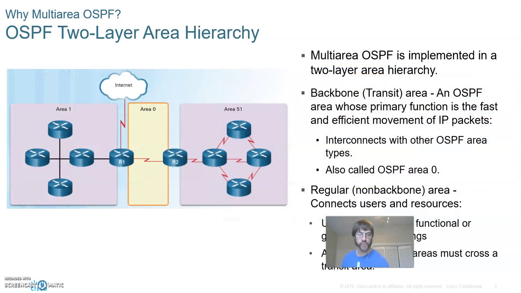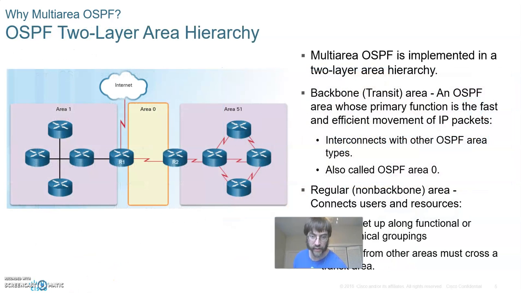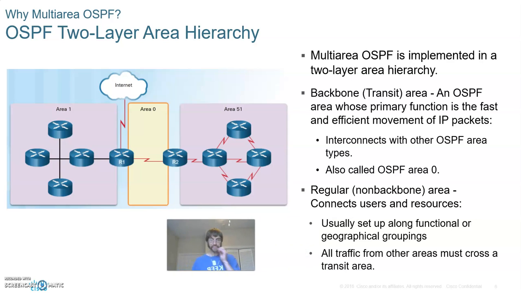And we're going to learn some new terminology here. We've got our backbone area, our transit area, Area 0, by definition. Its primary function is to interconnect the other areas. There could be some access layer networks in there, but unless those access layer networks need to be at the core and the heart of your network, maybe you shouldn't do that.